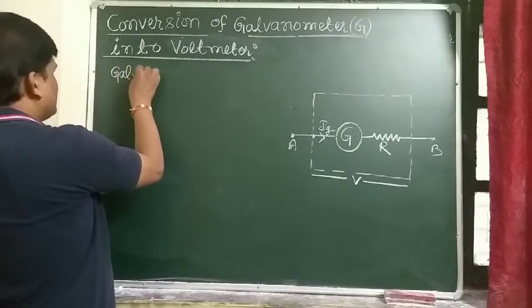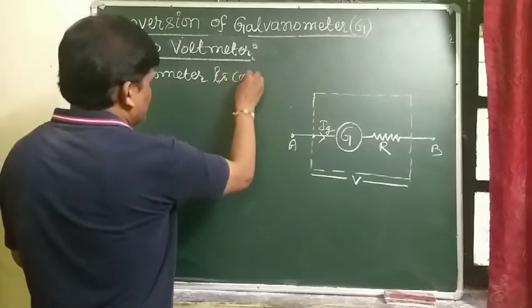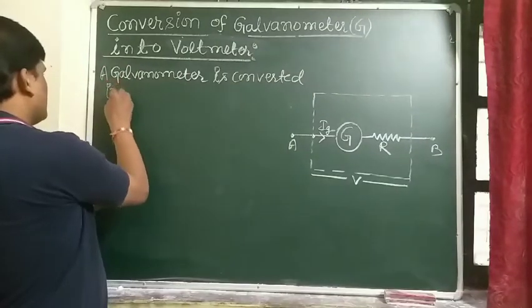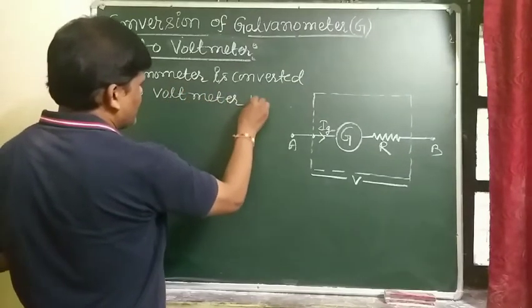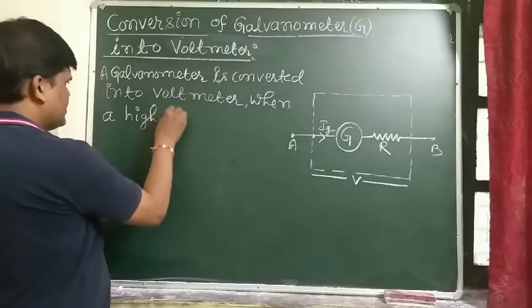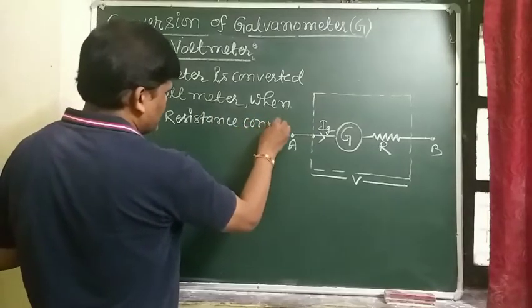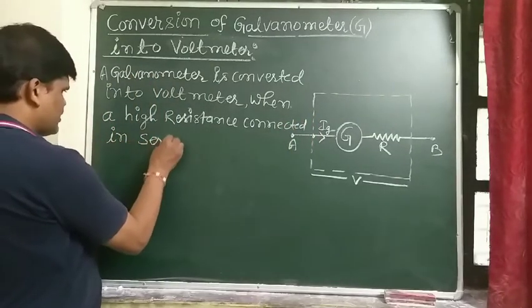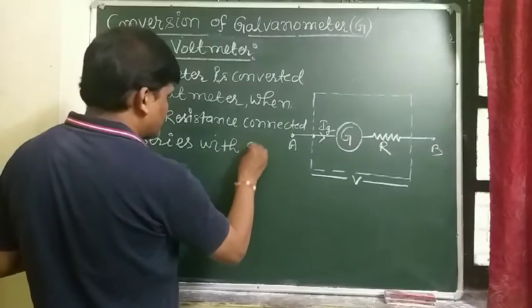A galvanometer is converted into a voltmeter when a high resistance is connected in series with the galvanometer.